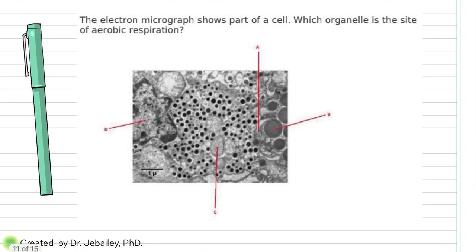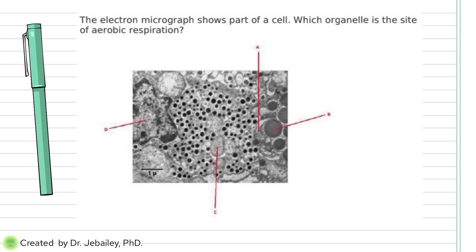Now, this one, the electron micrograph shows parts of the cell, so you can see this. Which organelle is the site of aerobic respiration? Now, students start to freak out and look at this picture and say, how will I know what this is? The first thing I will tell you is repetition, repetition, repetition.